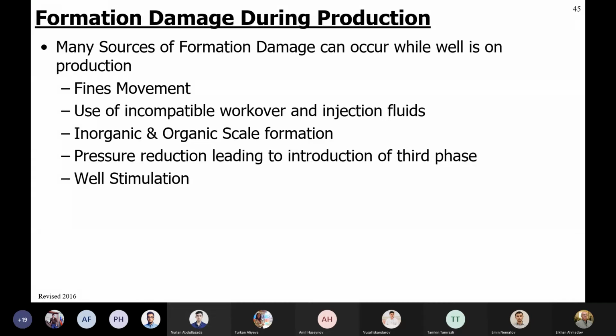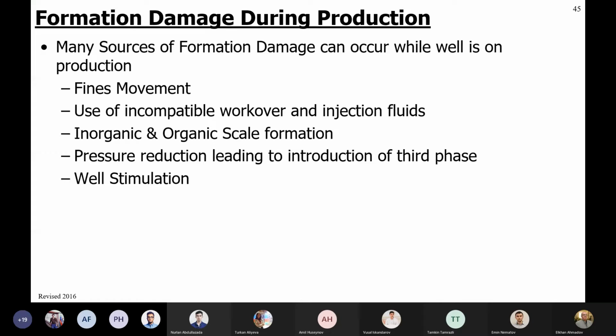Another is using incompatible workover and injection fluid, which may cause precipitations in the reservoir. It might be some emulsions created again, and that will change the permeability around the wellbore.